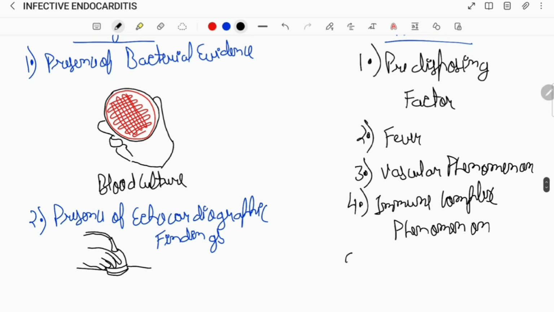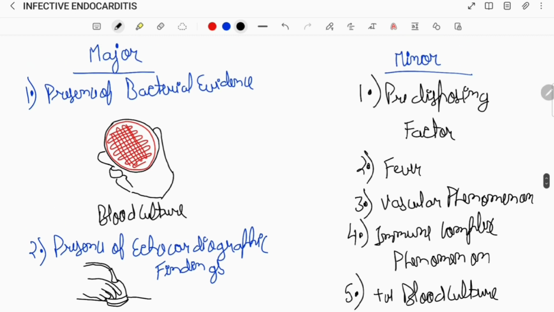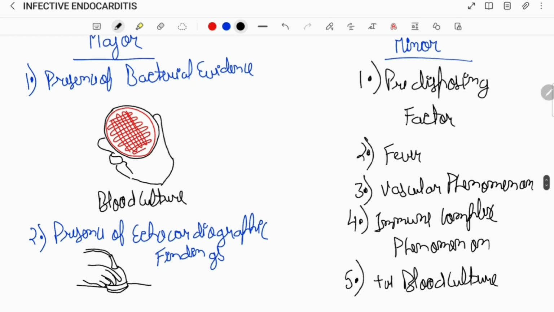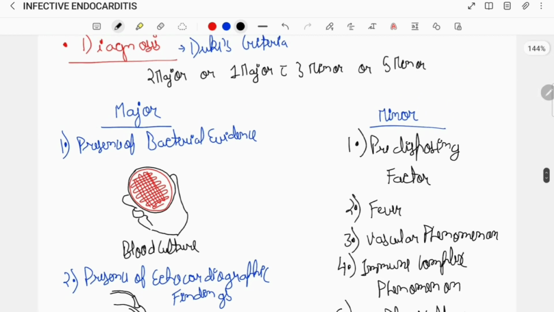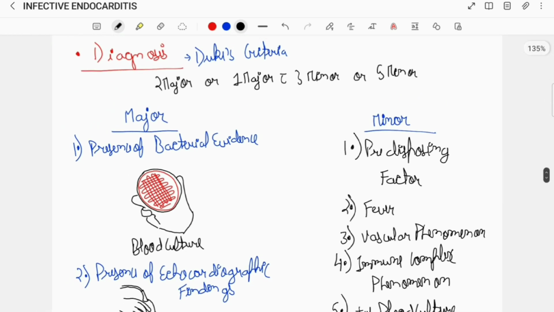The fifth one is a tricky one, which says that there should be a positive blood culture. What you need to remember is that if a typical organism is present, then that comes under a major criterion. But even if there is no typical organism but presence of some organism, then that would come under a minor criterion. So this was about establishing the diagnosis of infective endocarditis.